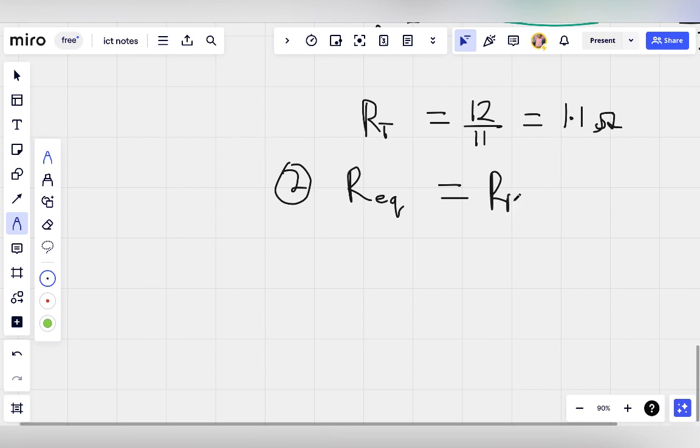we can write R total equals R parallel plus R4.